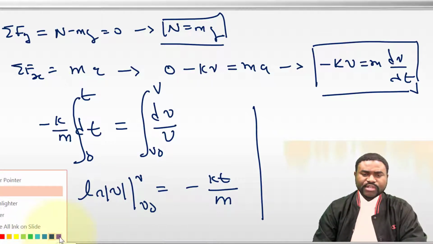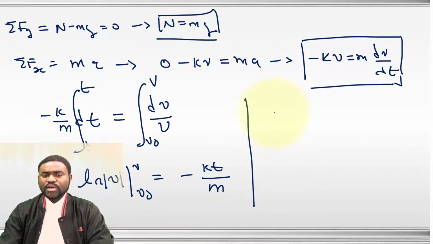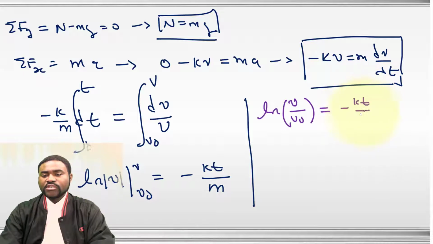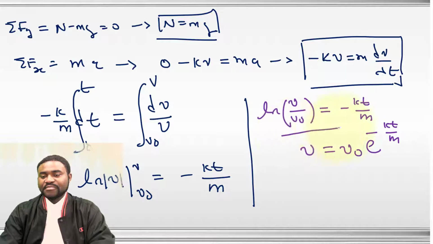In physics, it's really not that important. Okay. So we will have the natural log of v over v naught equal to negative kt over m, which basically implies that v is equal to v naught e raised to the power negative kt over m.